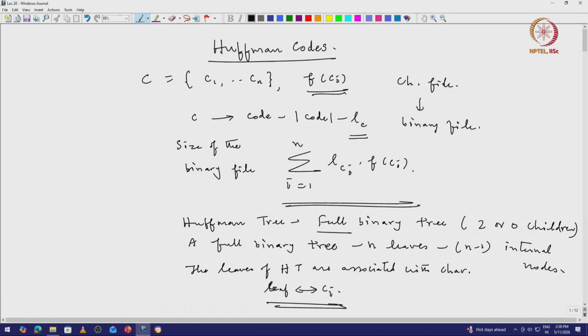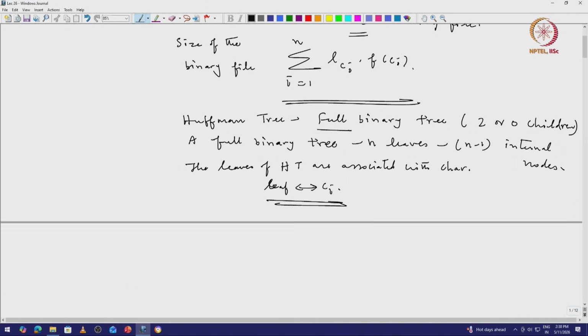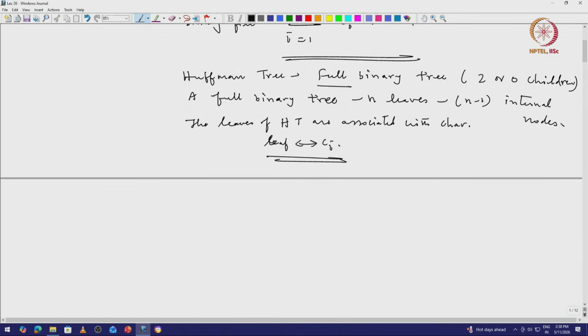When you associate a leaf with a character, this association generates the corresponding code.